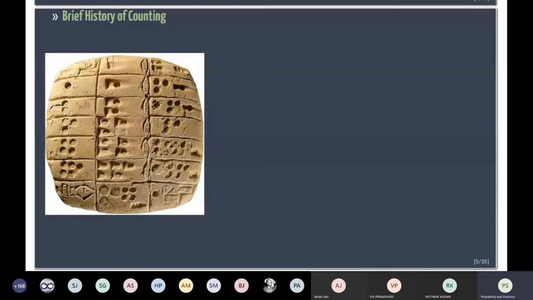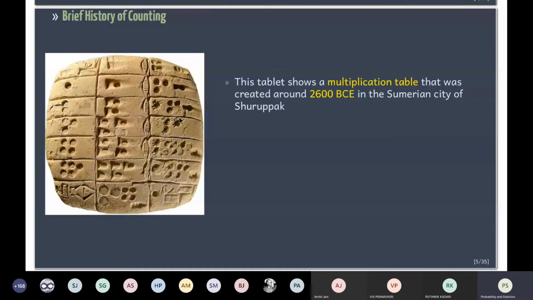This is about 2600 BC, around what is the current day Iraq. So let us move on. This table, as I said, has three columns, and it's supposed to be a multiplication table. That's what the discovery is.